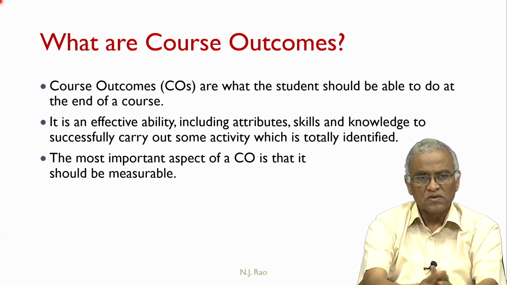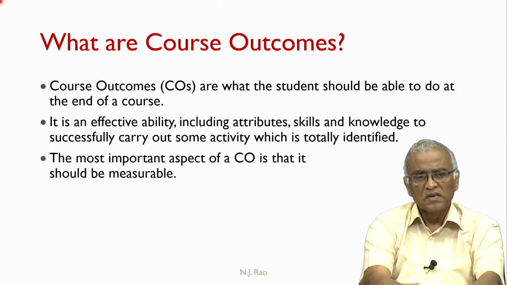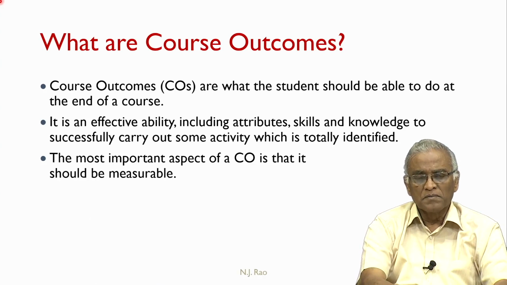That is what a course outcome is. The most important aspect of a course outcome is that it should be measurable. We have already mentioned this. When you talk about any outcome, it should be observable and measurable. If it does not satisfy these two properties, it is not an outcome, certainly not a course outcome.